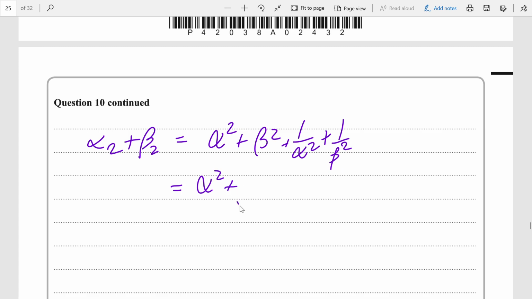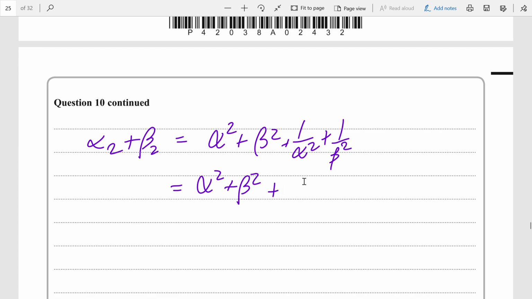This is equal to alpha squared plus beta squared. We're going to cross multiply this to get it into one single fraction. Both halves of this fraction, the top part and the bottom part, we're going to multiply by beta squared, and both parts of this fraction we're going to multiply by alpha squared in order to get the one single fraction.